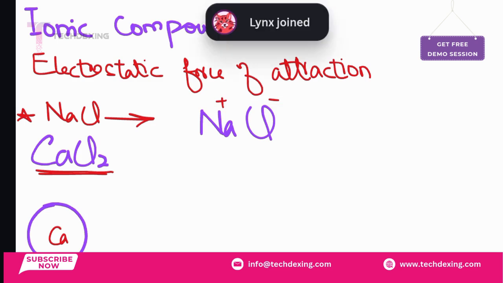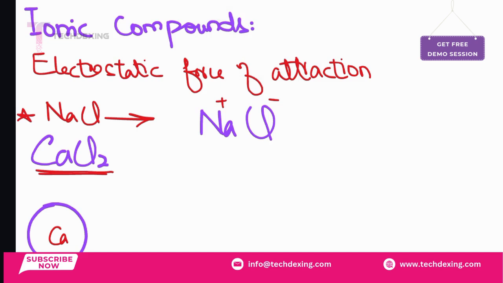Okay, Shan, suppose I am drawing this one as the calcium atom. Can you tell me how many electrons are present in the outermost electronic shell of the calcium atom? You can take help from the periodic table.